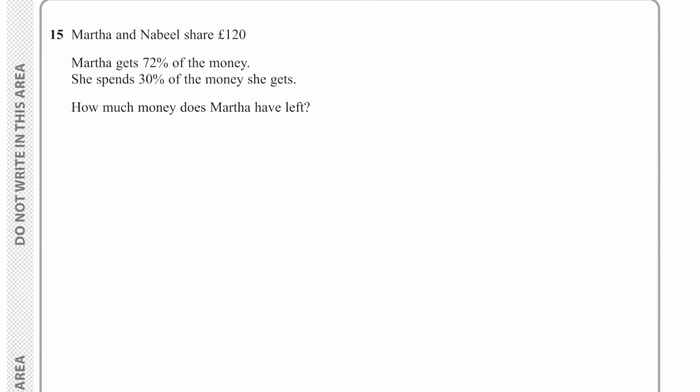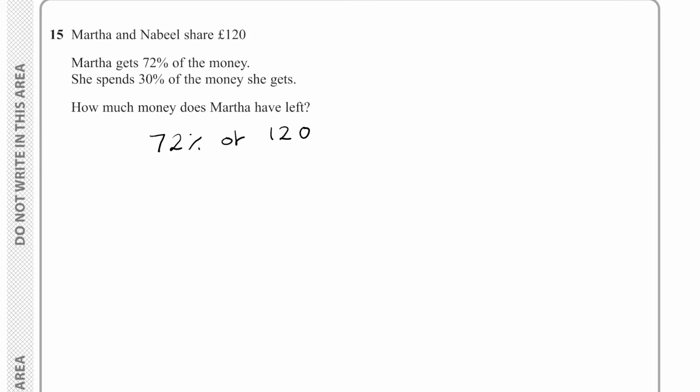Question 15. Martha and Nabil share £120. Martha gets 72% of the money. She spends 30% of the money she gets. How much money does Martha have left? So she gets 72% of £120.